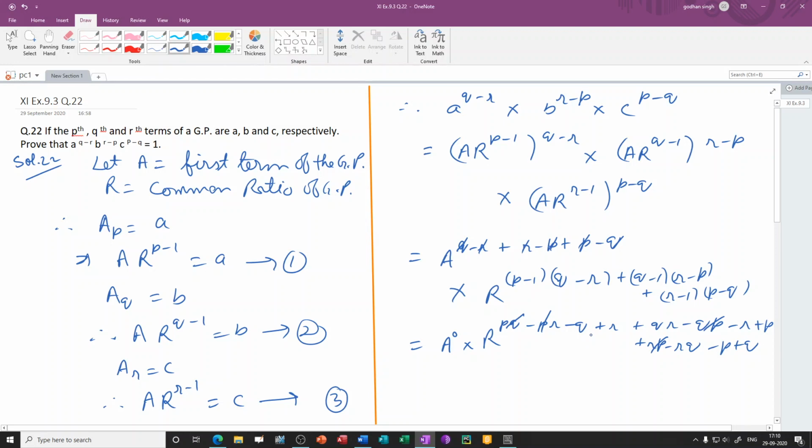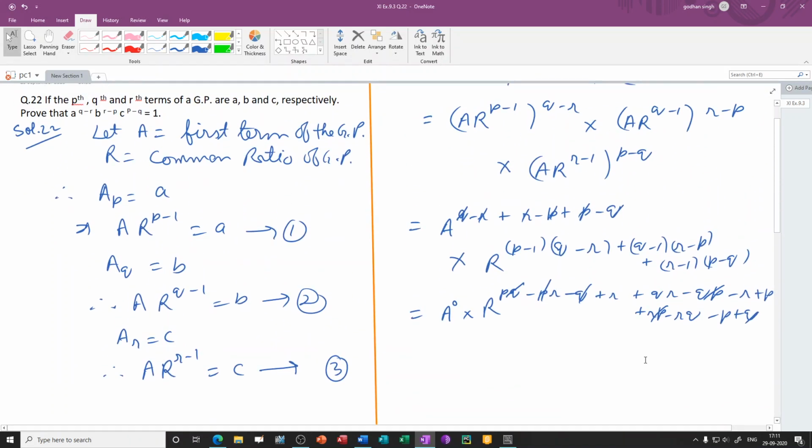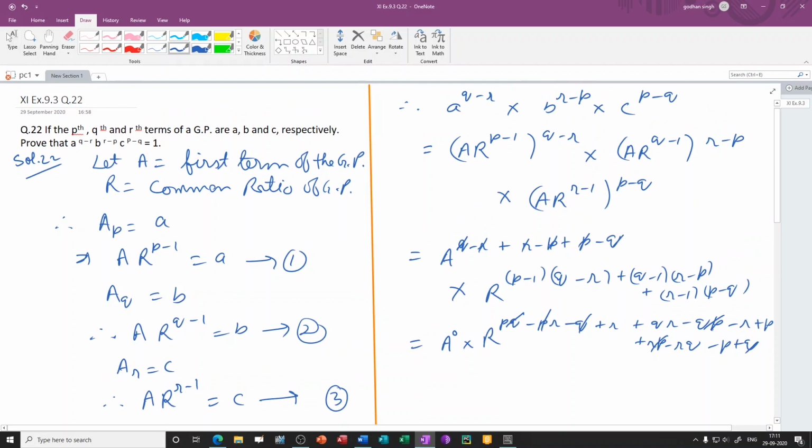Then minus q and plus q cancel out. Plus p, so continuing with our work, this is minus p and plus p cancel out. Then next we are having plus r minus r cancel out. QR minus RQ cancel out. So all the terms have been cancelled out.